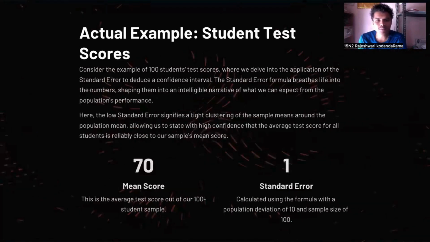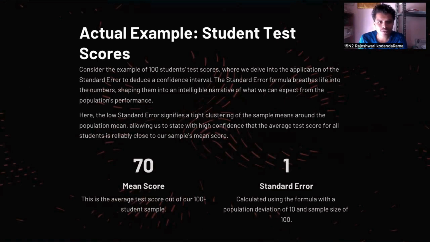So, a practical example: student test scores. Consider the example of 100 students' test scores, to illustrate the application of standard error in constructing a confidence interval. The standard error formula breathes life into numbers, shaping them into an incredible narrative of what we can expect from the population's performance.